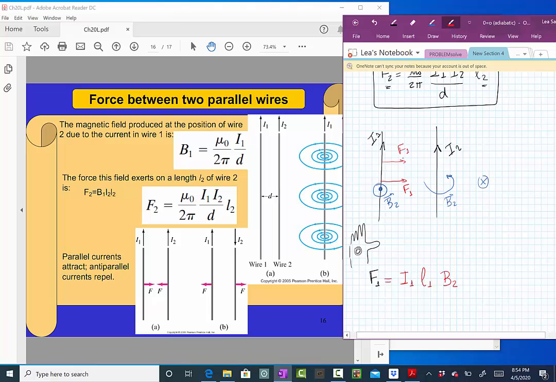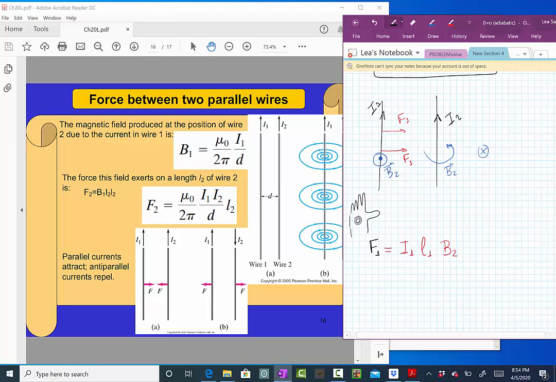So this is the force on wire 1 caused by current 2, caused by the magnetic field created by this wire 2, which is the B2. Again, we can write down what B2 is.